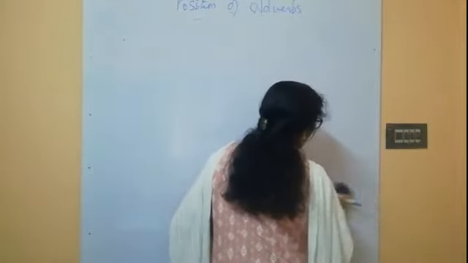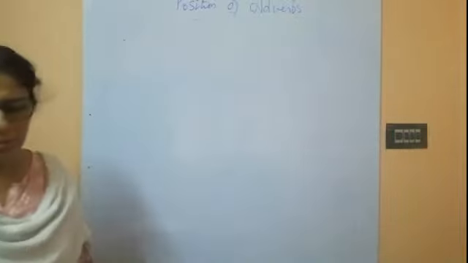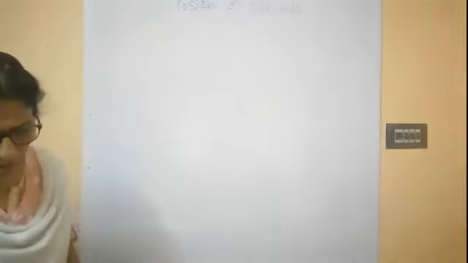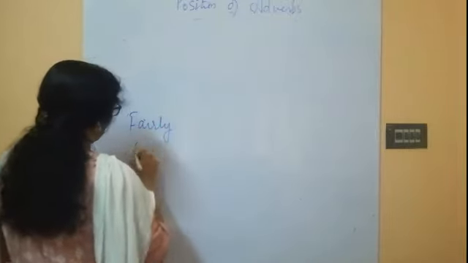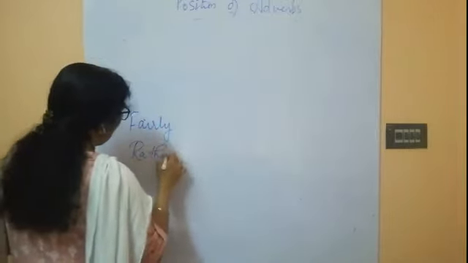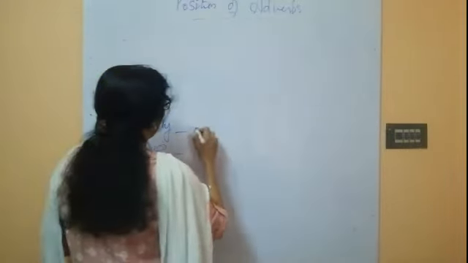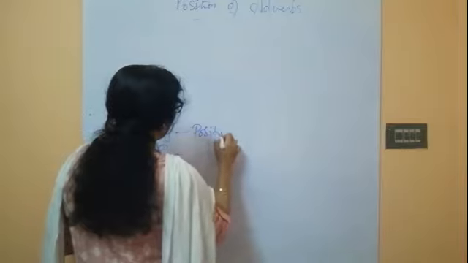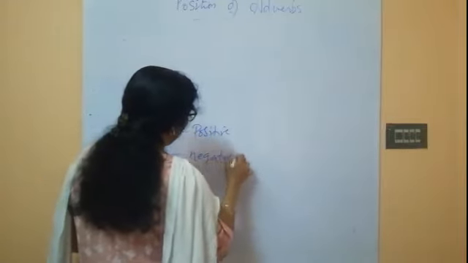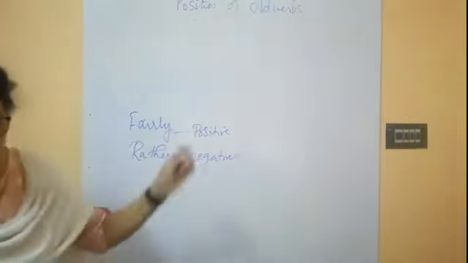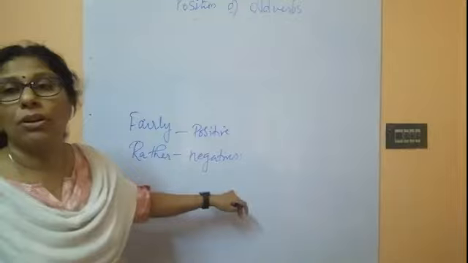So fairly and rather mean moderate. And fairly is used for positives and rather for negatives. Understood? So only this you need to know. Fairly is used for positive sentences and rather for negative sentences.